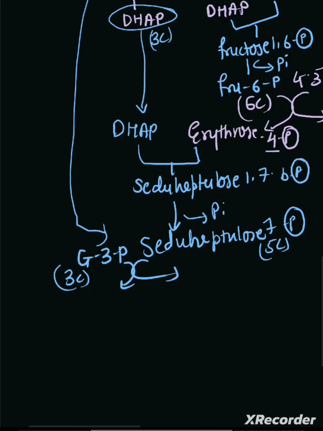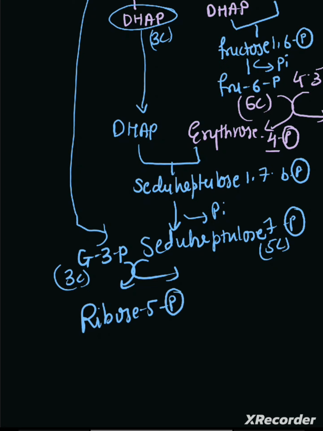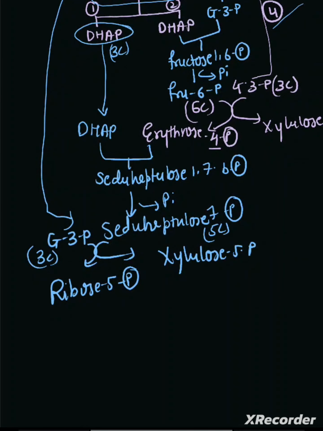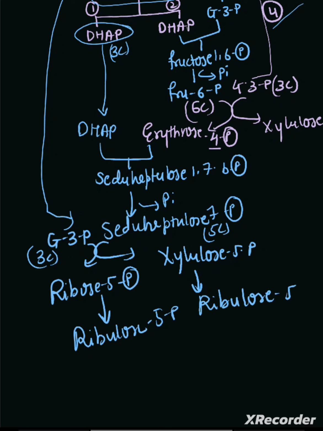So I'll write ribose 5-phosphate, and another compound that I'll get is xylulose 5-phosphate. From this ribose 5-phosphate and xylulose 5-phosphate, I'll obtain ribulose 5-phosphate and ribulose 5-phosphate.